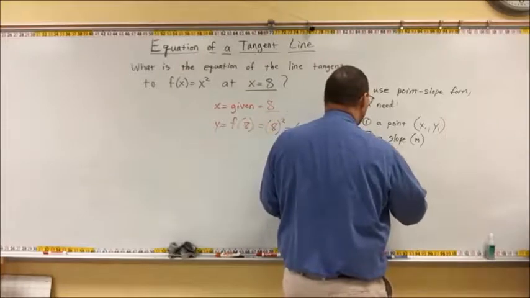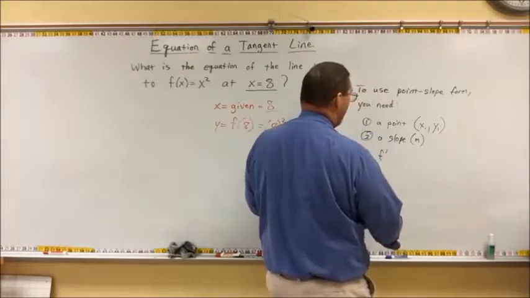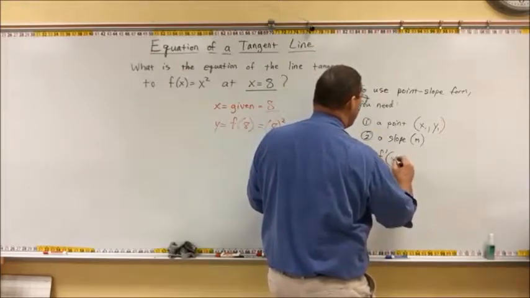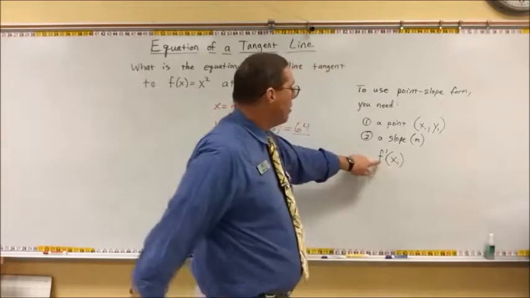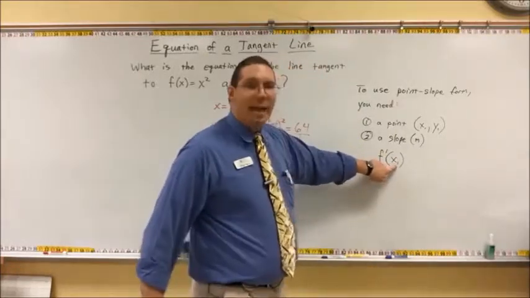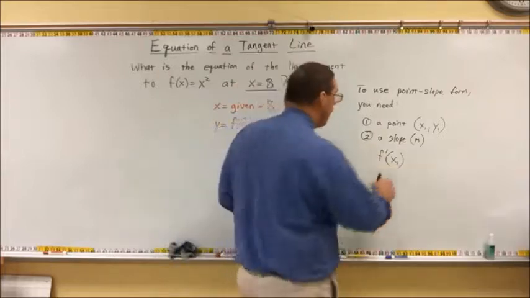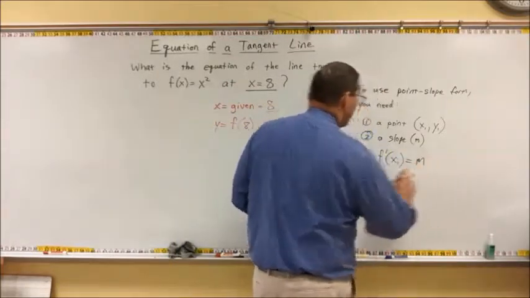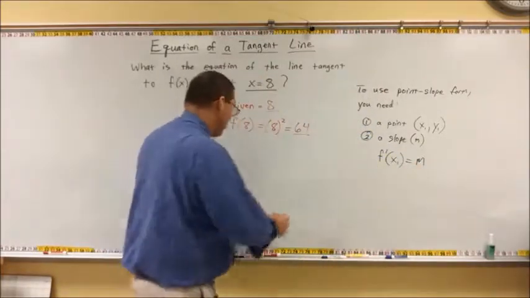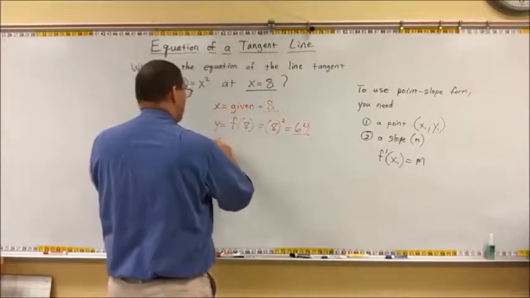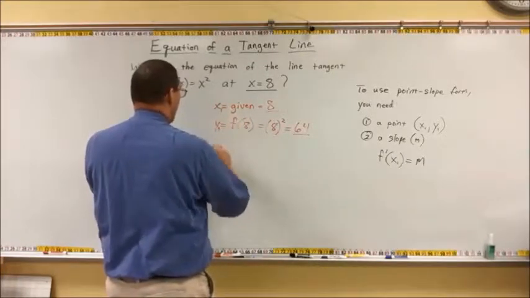you're going to do the derivative, f prime, and then you're going to plug in the given x value. It's going to be f prime at x1. So first, that's going to be equal to the slope, m. And so m, the slope, this is x1 and this is y1, sorry.